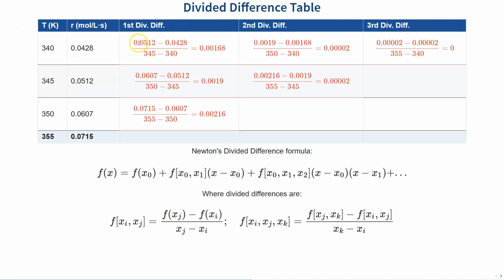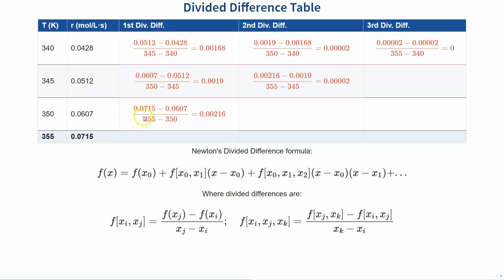Now the first divided difference is here. So f(xj), that is 0.0512, minus f(xi) divided by xj minus xi. If we do the calculation, we will get 0.00168. Similarly, the third reaction rate minus the second one, divided by the third temperature minus the second one: 0.0607 minus 0.0512 divided by 350 minus 345, that will give 0.0019.